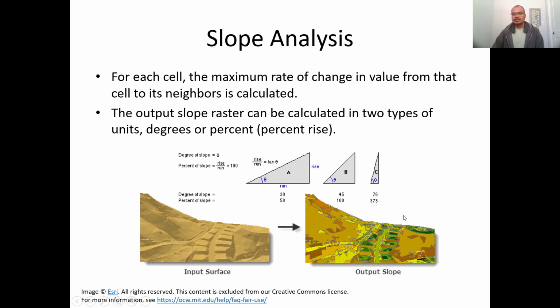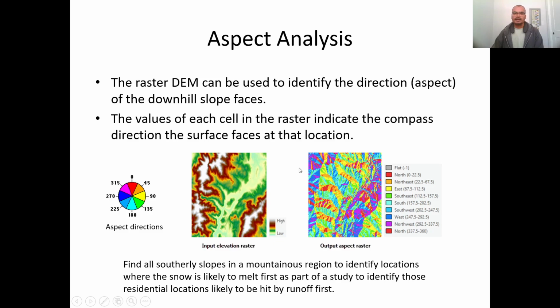As raster layers are very good for representing continuous surfaces, using raster layers you can easily calculate slope, especially with the help of a digital elevation model, where you can apply the distance function and the magnitude aspect, which means the value change from one pixel to another pixel, and based on that you can calculate the slope in terms of degrees or in terms of percent rise. Not only slope, you can calculate aspect also.